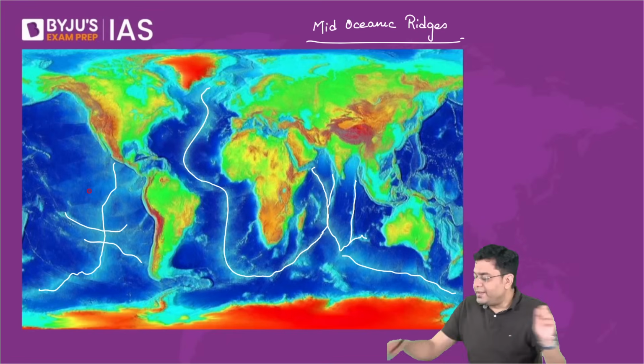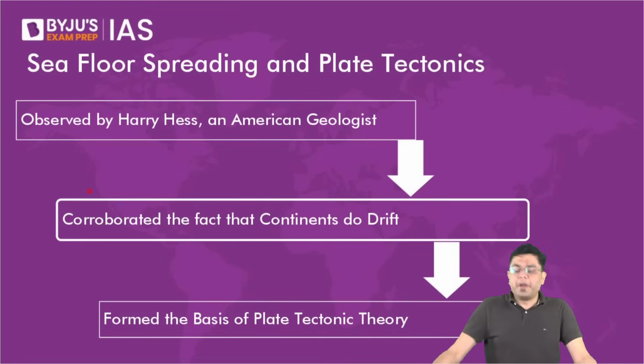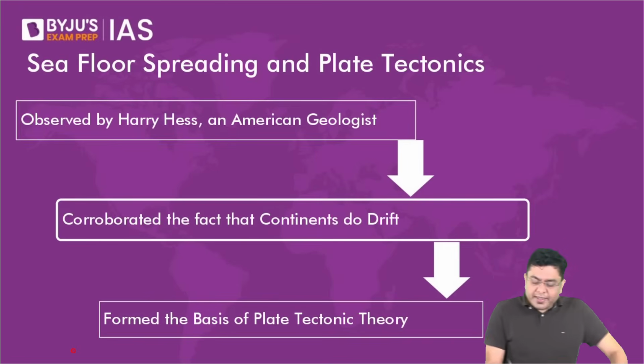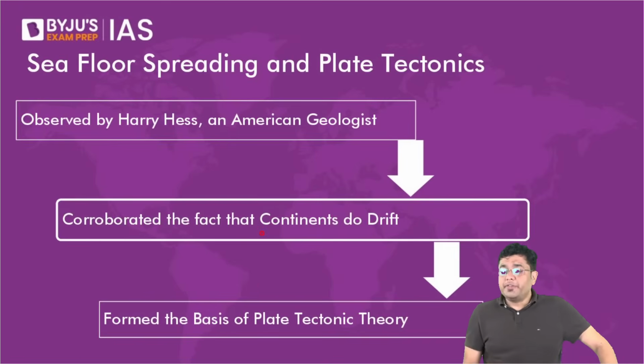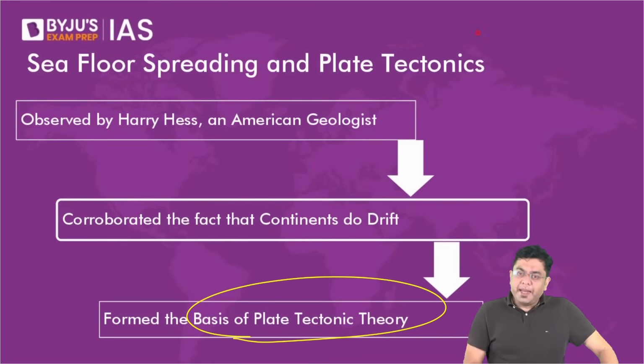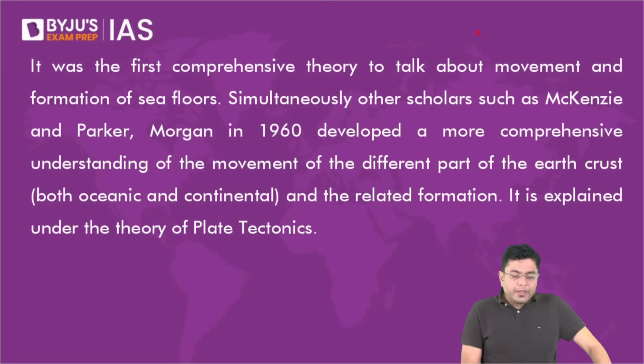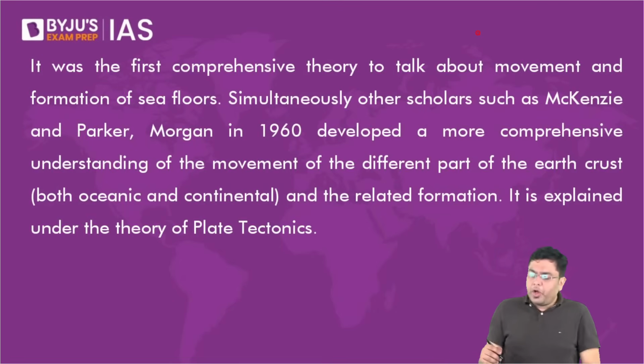So basically, this is your seafloor spreading theory. The seafloor spreading theory was proposed by Harry Hess and corroborated the fact that the continents do move away from each other in the case of the Atlantic, and eventually formed the basis of the plate tectonics theory. It was the first comprehensive theory to talk about the movement and the formation of seafloor.